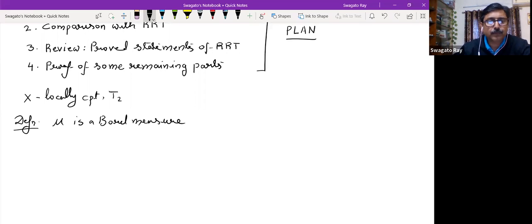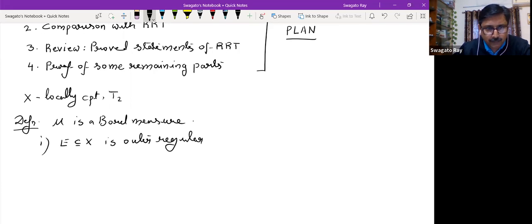Okay. Now, given a Borel measure, suppose E is a subset of X which is a Borel set. We say E is outer regular if you can approximate the measure of the set E from outside by open sets.